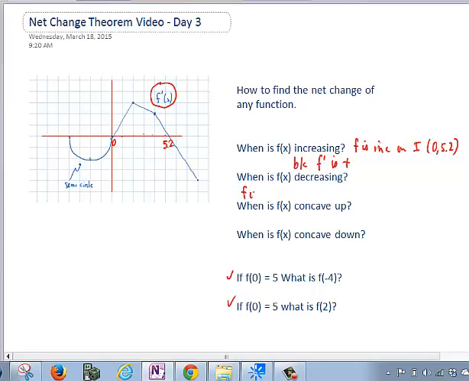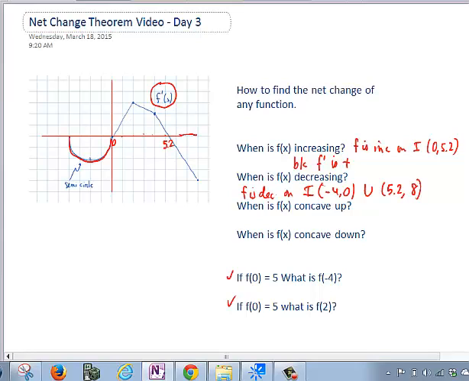You'd say f is decreasing on the interval, or you could just say on I, from -4 to 0, because here it's below the x-axis, the derivative is negative, and from 5.2 to about 8, I believe that's 8.